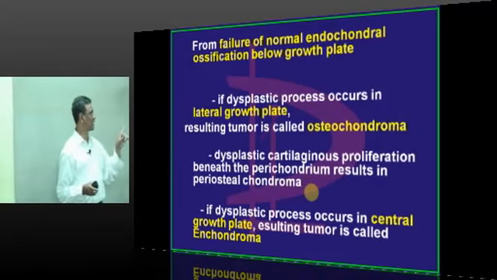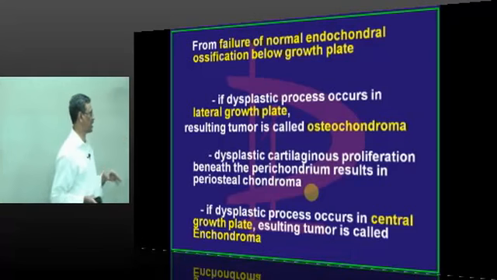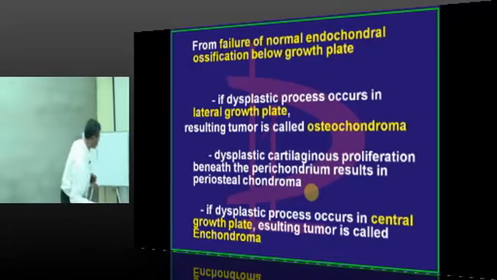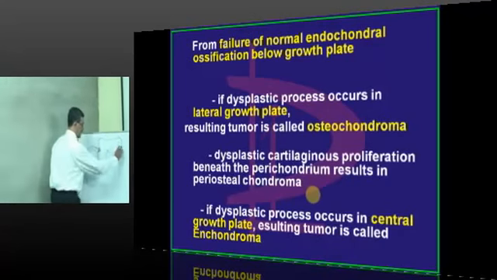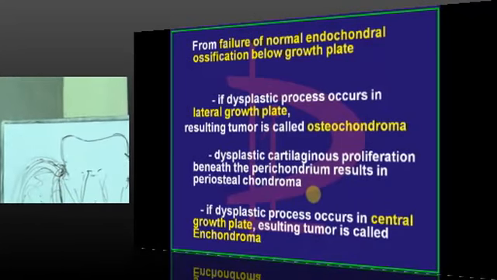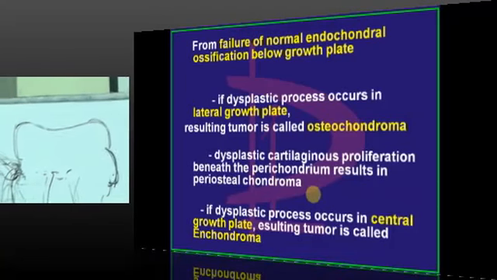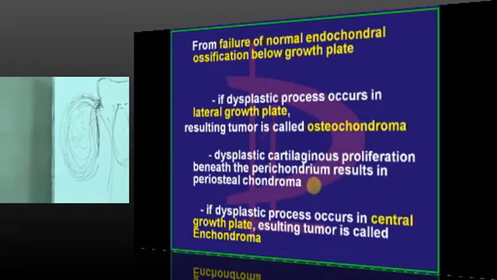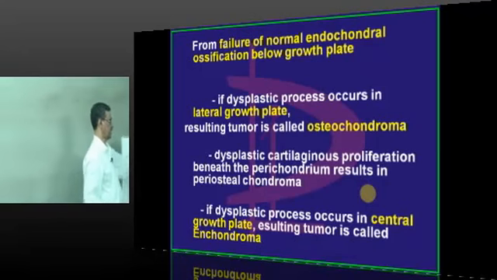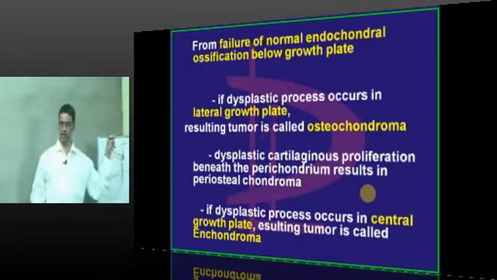If the dysplastic cartilage proliferates immediately beneath the perichondrium, it results in periosteal chondroma, very rare.